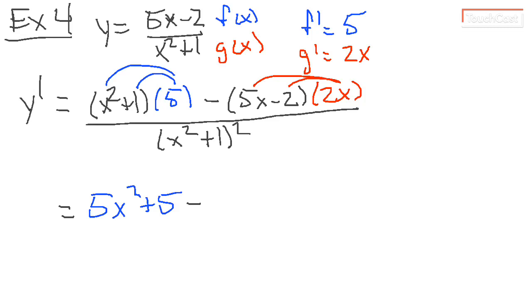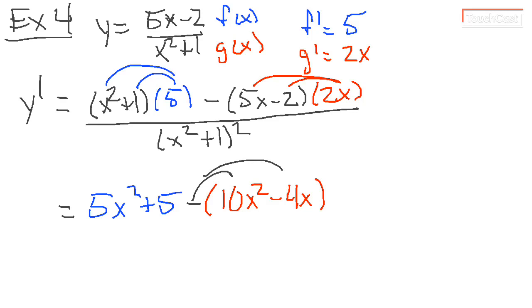So we're going to have minus the quantity 10x squared minus 4x, but we are going to have to also distribute the minus to the 10x squared minus 4x.